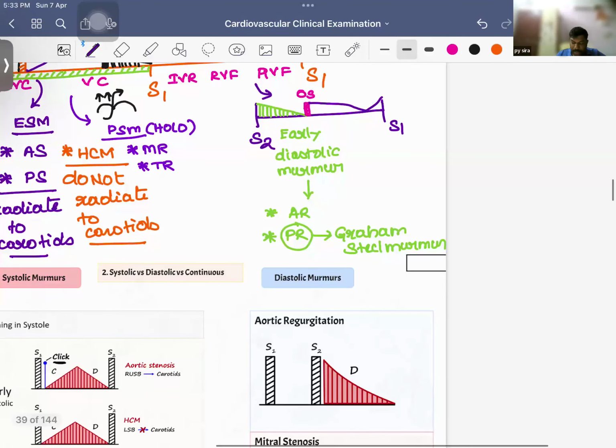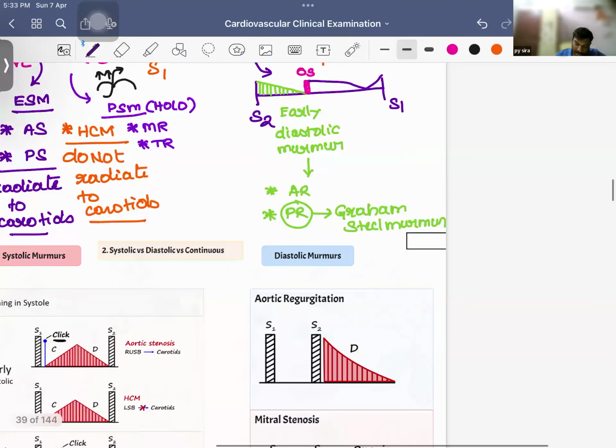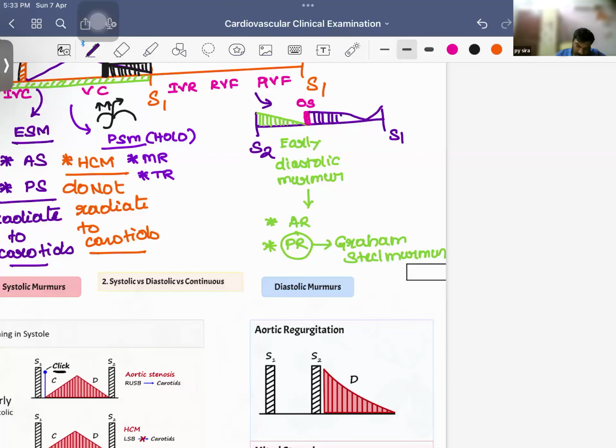It is a rough, rumbling, low-pitched murmur, followed by a pre-systolic accentuation, with a loud S1.